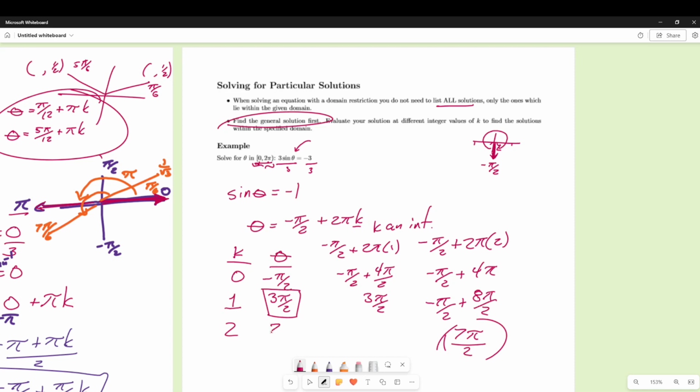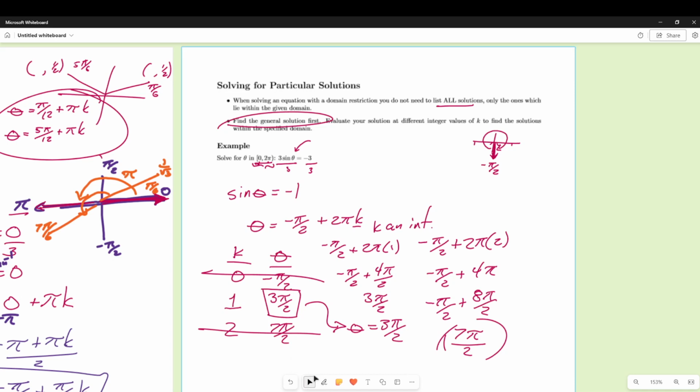Okay, so 7 pi over 2 would be outside of our restriction and too big, so neither of those made a solution. So cool, we get one solution. That's our answer. Theta equals 3 pi over 2. And we just keep trying values for k until we find every possibility that gives us a solution within that restriction.